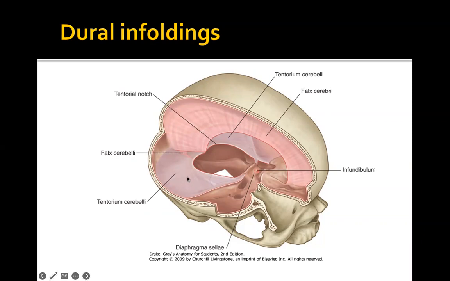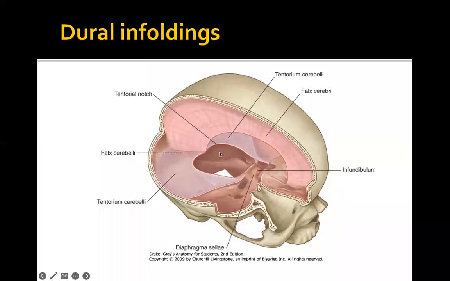Then you can also see this one, which looks like it's transverse in nature, or appearance. That is the tentorium cerebelli, okay, tentorium cerebelli. So obviously we expect that this will separate the cerebellum from the rest of the cerebral hemisphere.